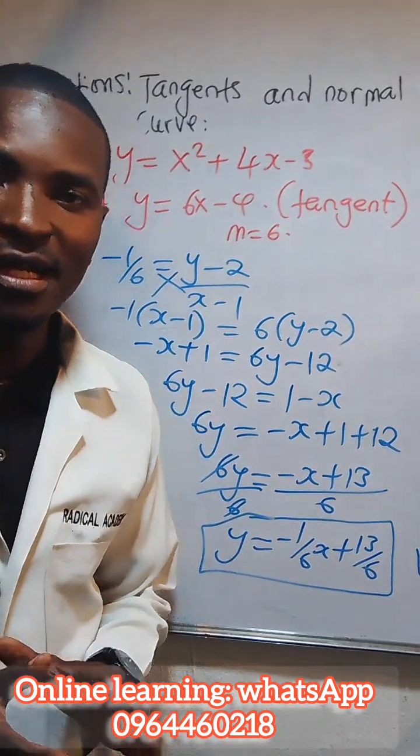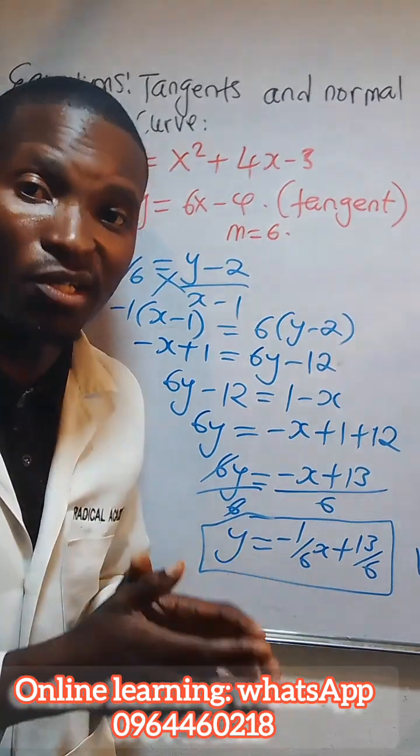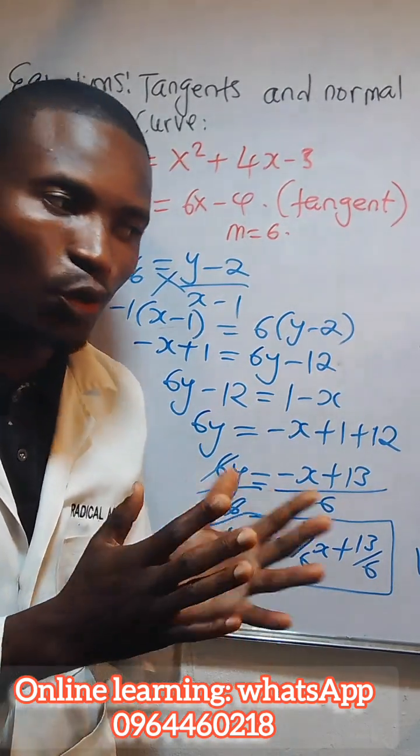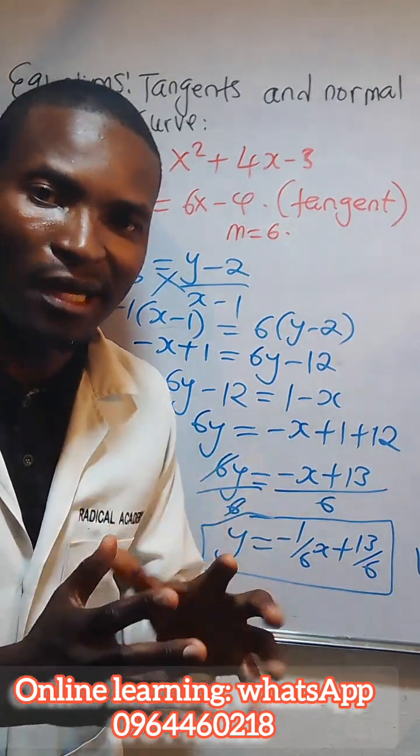This is now the answer. This is the final equation of the normal. So this is how you can apply differentiation.